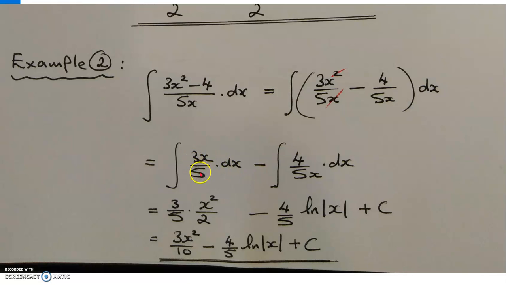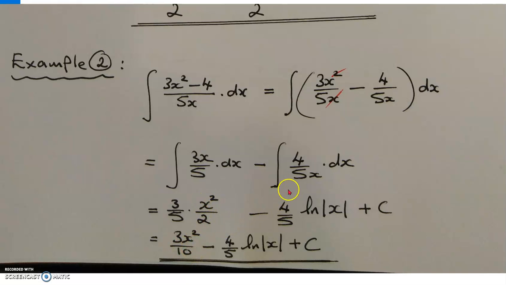However, I can take the 3/5 outside the integral sign and integrate just x. If I integrate x, I get x squared, and I must divide by the new power, which is 2. So I get 3x squared over 10.